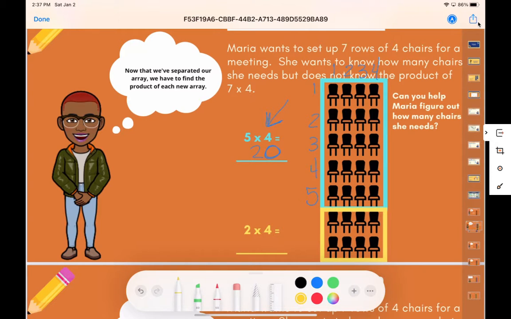When we look at the yellow set of chairs, there are 1, 2 chairs going down, and 1, 2, 3, 4 chairs going across. Because we have 2 rows and 4 columns, this array can be represented using the multiplication expression 2 times 4. Use your Nearpod to tell me what the product of 2 times 4 is.